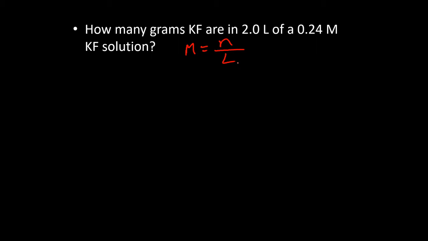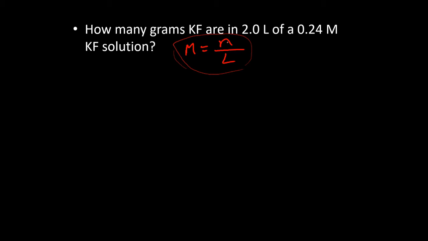Okay, I hope you paused that and tried to work this out. So we're trying to find the mass. Now, if you notice, there's no mass anywhere in this equation. There's molarity, there is moles, and there is liters. But the number of moles is just one step, one conversion away from the mass.